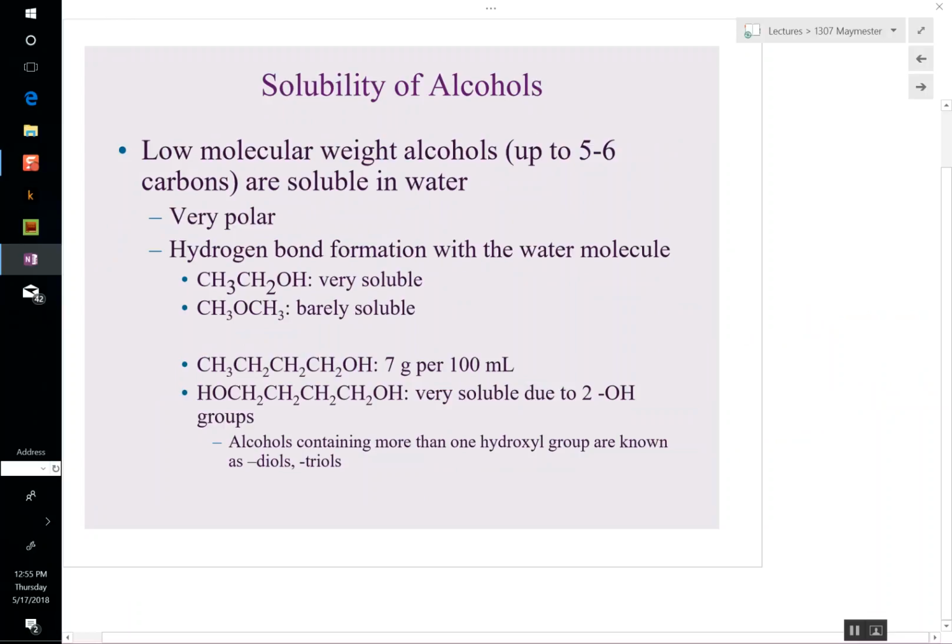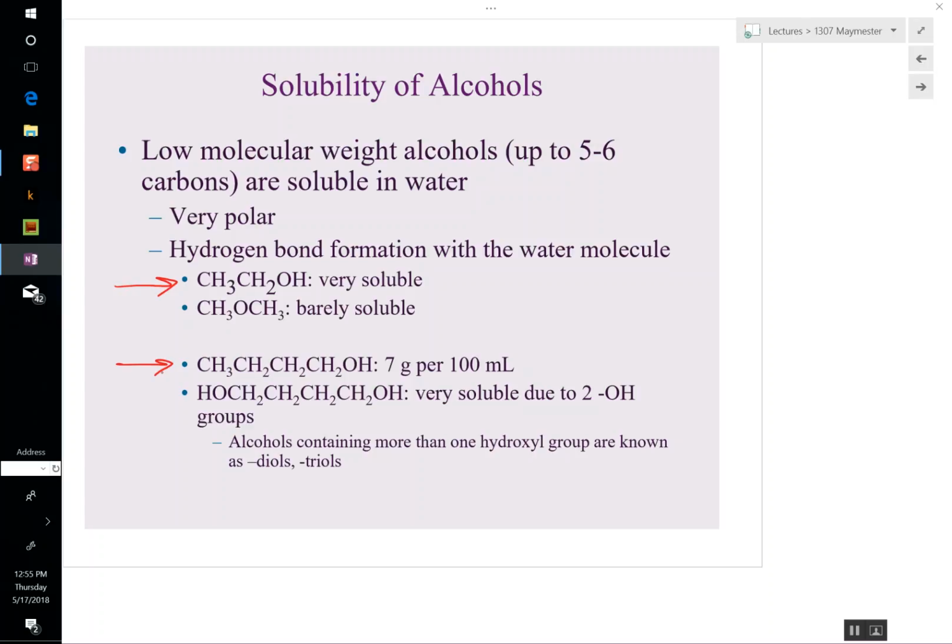Okay, now solubility. There's ethanol again. Here's butanol. Okay, you're already hearing me use some of the names here. Ethanol is completely miscible in water.